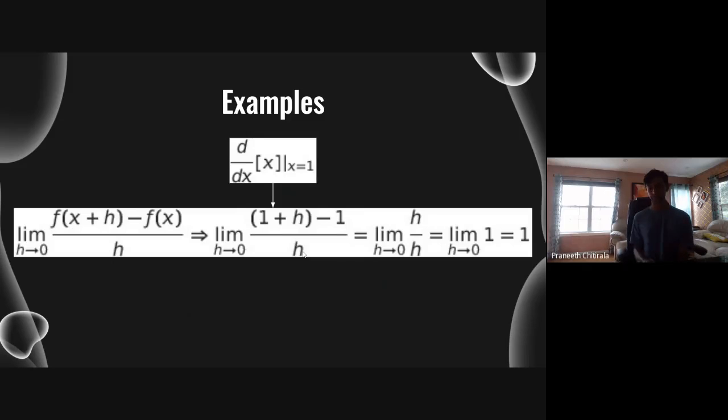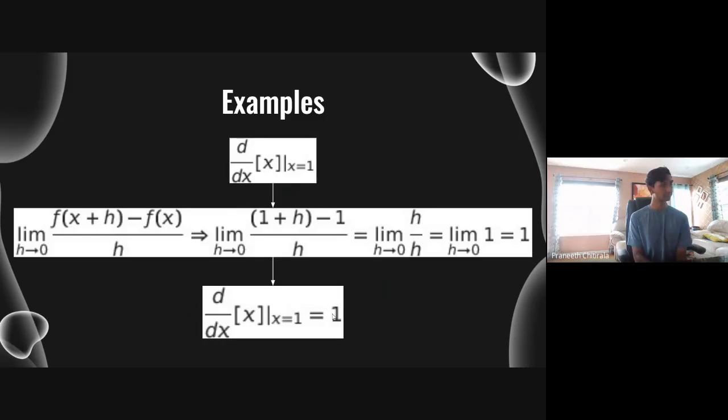Now you can solve for the limit. The ones cancel out, you get h over h, and that simplifies to 1. The limit as h approaches 0 of 1 is just 1. So therefore, the derivative of x at x equals 1 is 1. Or in other words, the instantaneous rate of change of x at x equals 1 is 1.